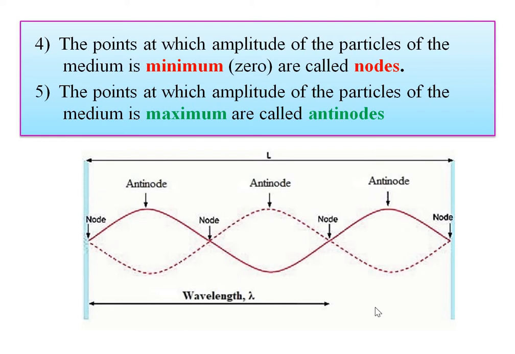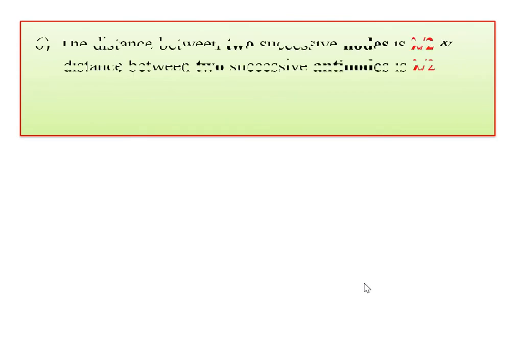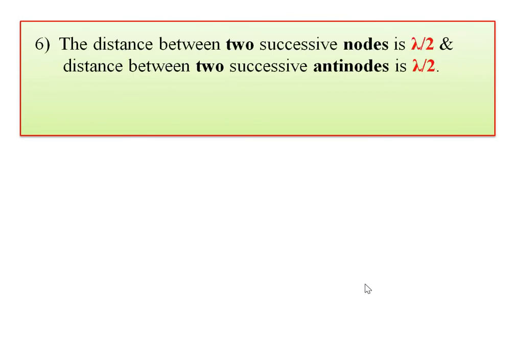Let's see another property of stationary waves. This one is a very important property. The distance between two successive or consecutive nodes is lambda by 2, and the distance between two successive antinodes is also lambda by 2.